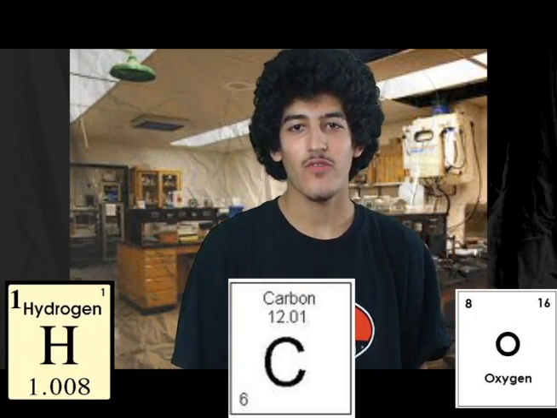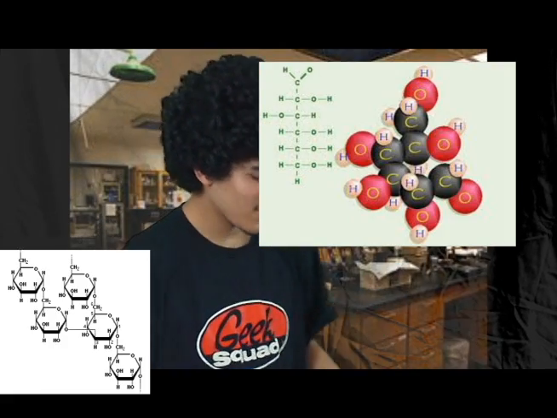Carbohydrates are organic compounds that include sugars and starches. Now they're basically made up of 3 elements: hydrogen, carbon, and oxygen. And they sort of form up like this. And these carbohydrates, they store energy.